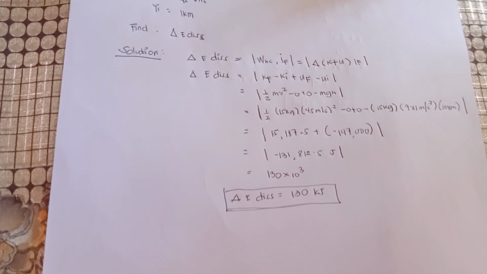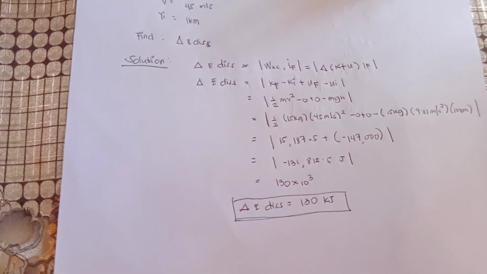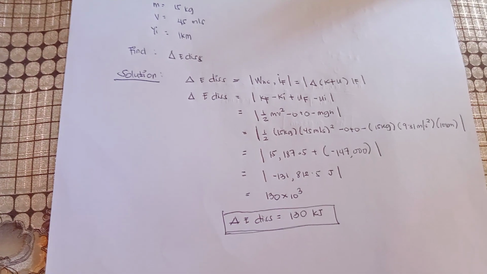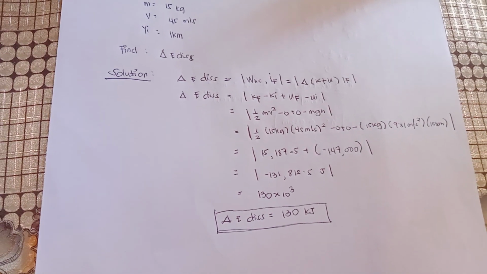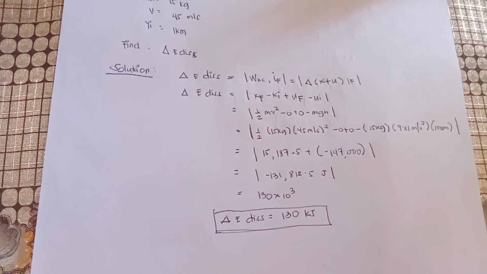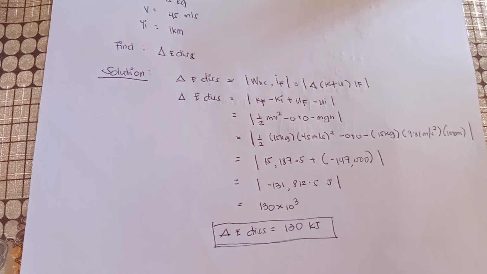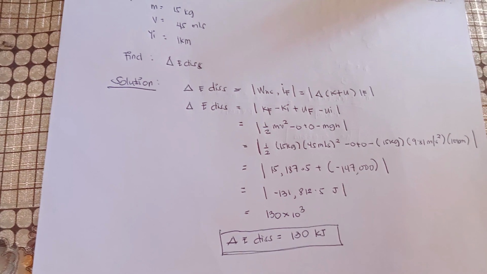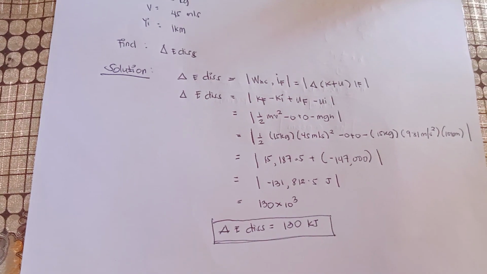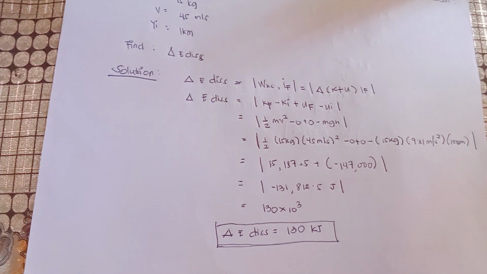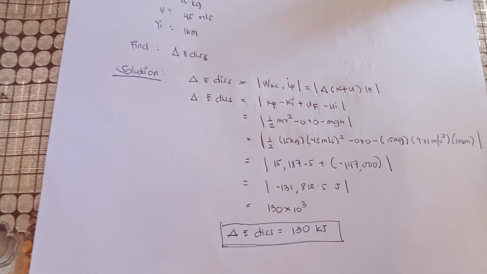By simplifying the absolute value, 15,187.5 plus negative 147,000, we simplify further the absolute value: negative 131,812.5 joules.